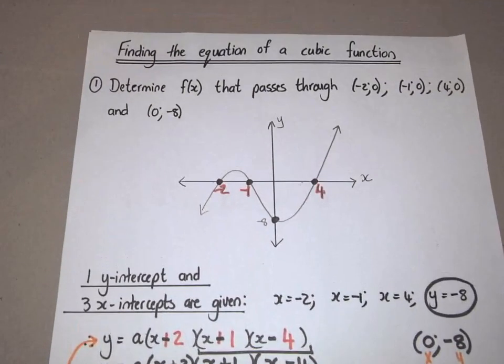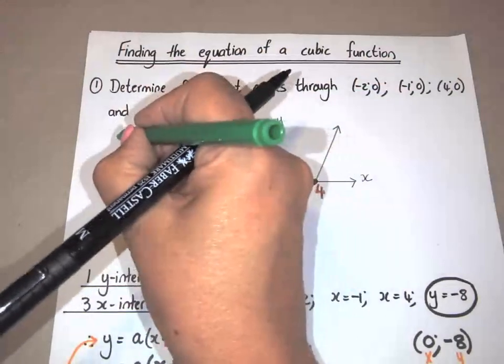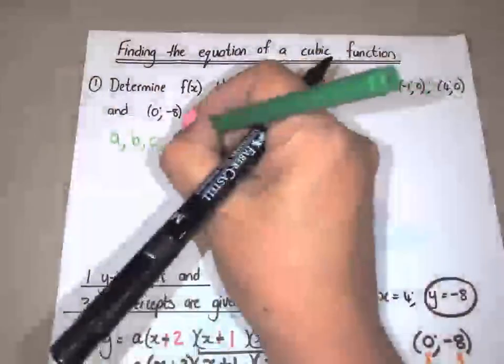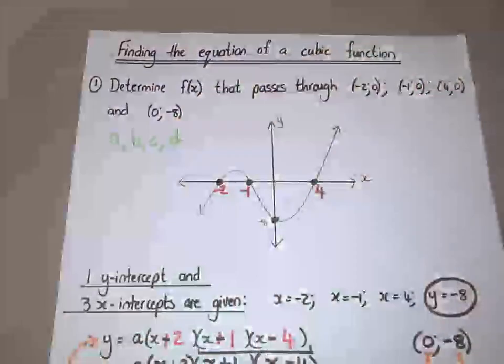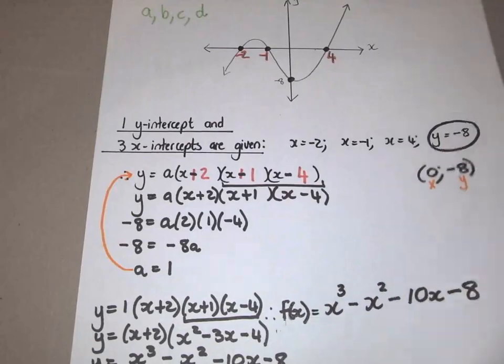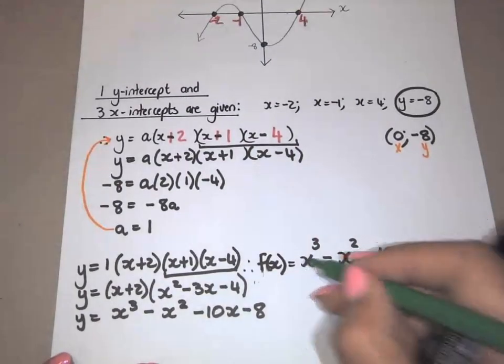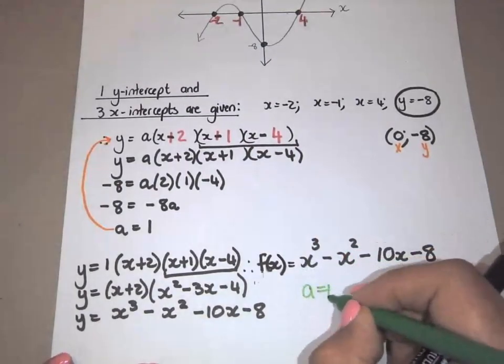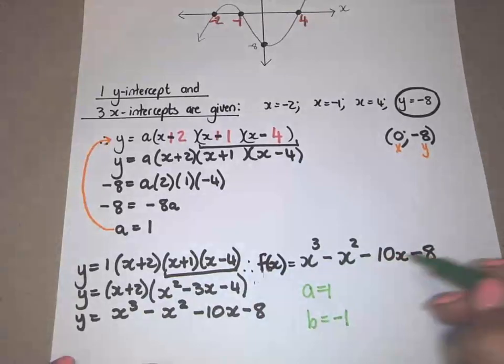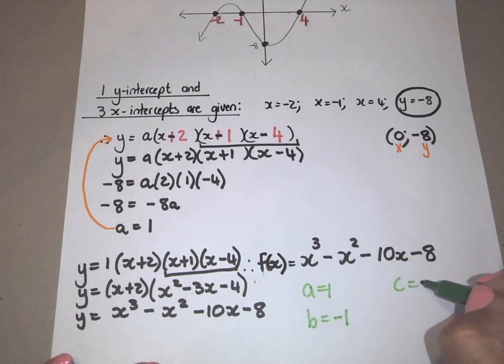Let's say that there was a follow-up question and they wanted the values of a, b, c, and d. A will be 1. B will be negative 1. C will be negative 10. And D will be negative 8.